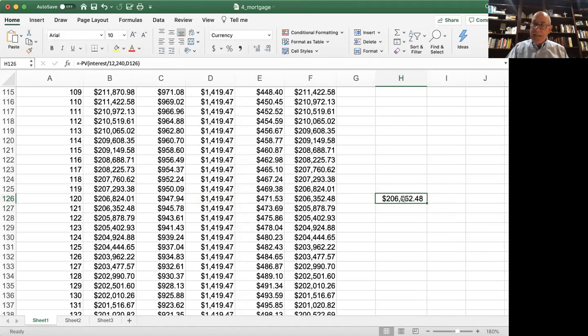So we can calculate how much we owe using just a simple PV function. It's the present value of those remaining payments. Of course, you can find it with brute force using a spreadsheet like this, but it's so much easier just to calculate it. Okay, I hope that is somewhat helpful.